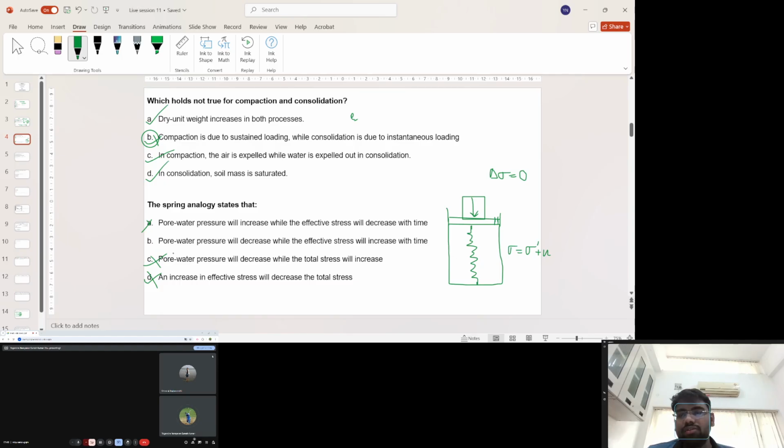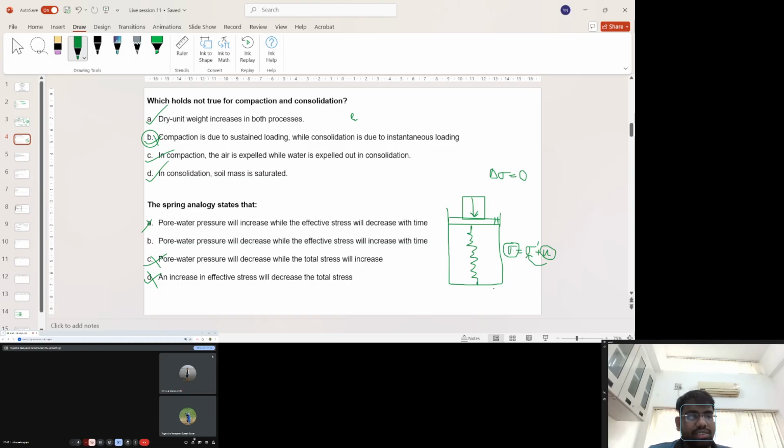Now here, pore water pressure will decrease while the effective stress will increase with time. The total stress remains constant. The pore water pressure starts to decrease, which will eventually get reflected in an increase in effective stress, because as the pore water pressure decreases, the pore water is getting expelled.